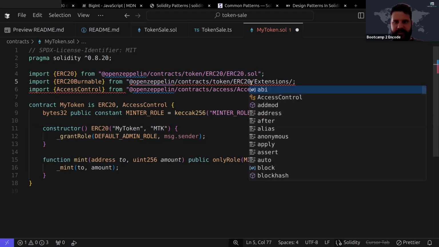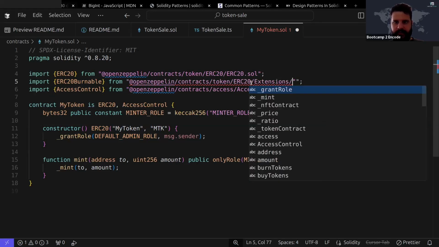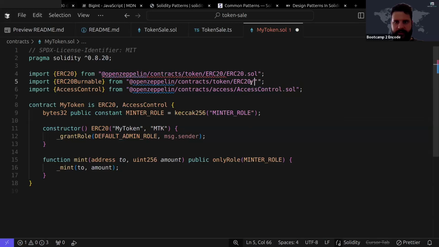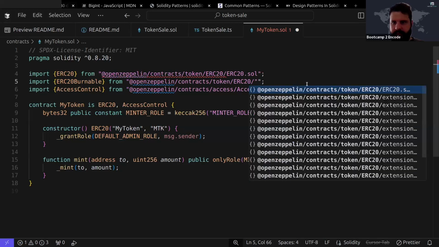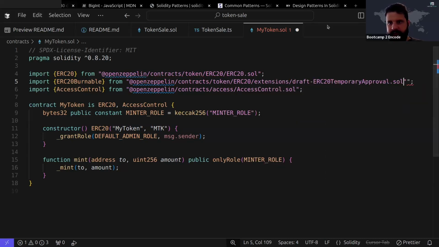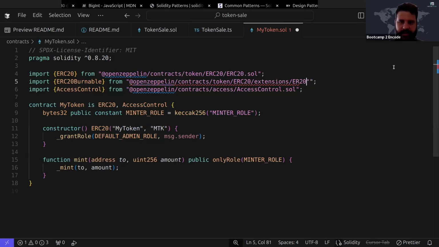Just like this. And that is the ERC20 burnable token. Extensions. Not this one. ERC20 burnable.sol.